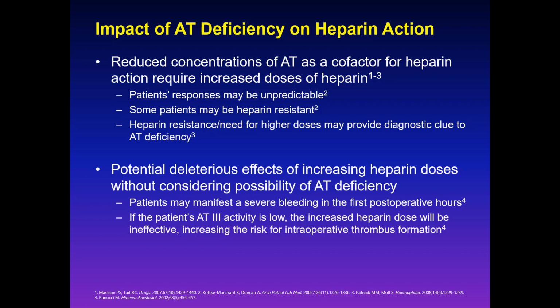So a sort of heparin resistance may be occurring when the antithrombin level is decreased because of hereditary deficiency. But the patient's responses may be unpredictable. So I'm often asked, at what level of antithrombin does heparin resistance occur? And my answer is, I'm not sure.